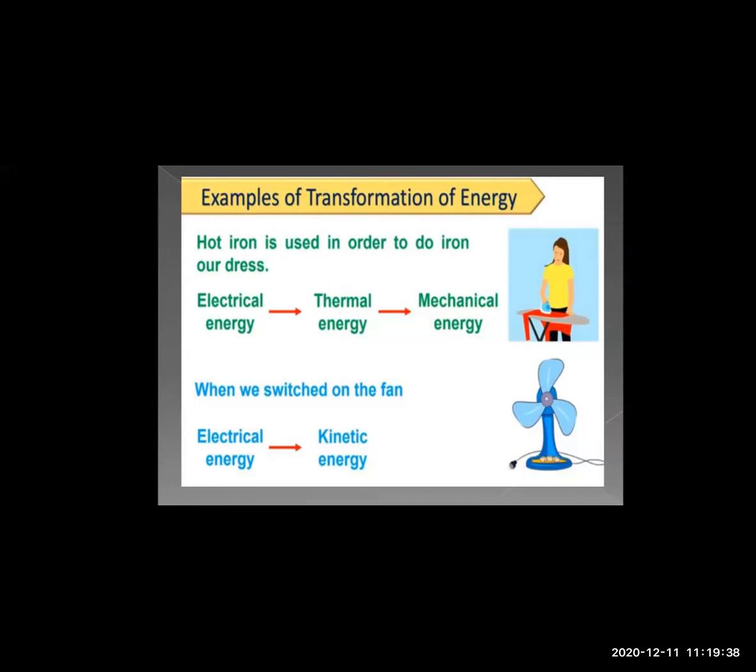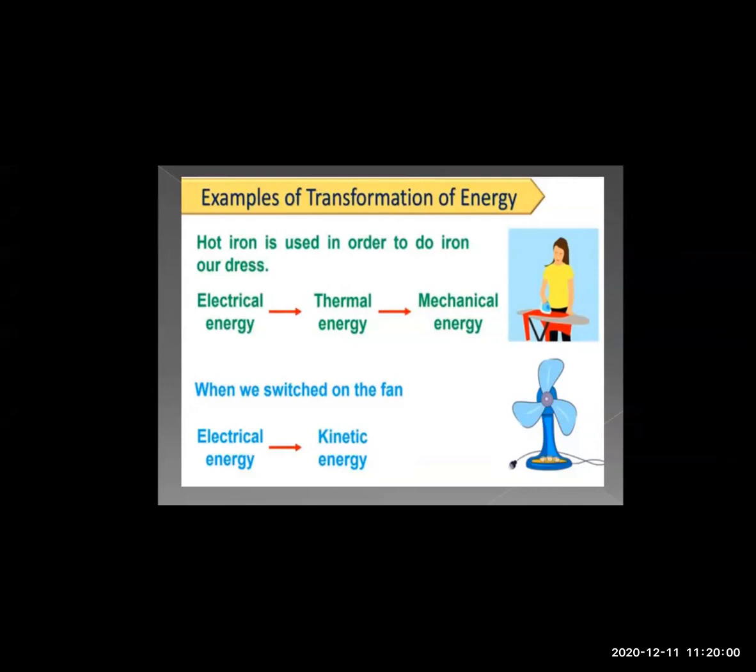So the electrical energy is transferred into thermal energy. Now as the ironing is done by you, the mechanical energy is done with the help of a machine. So iron is the machine. That mechanical energy is doing the particular work.